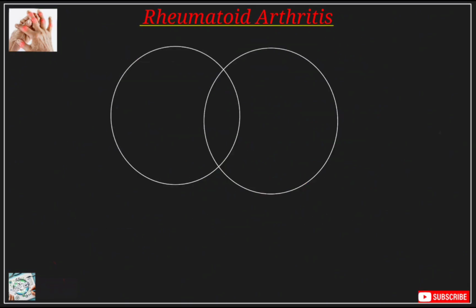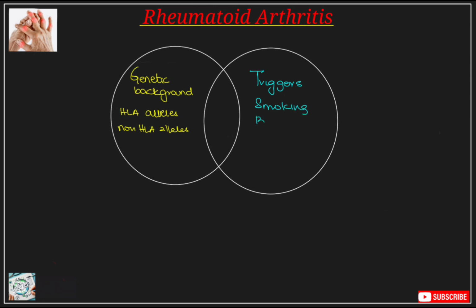Let's summarize what we have learned so far. Rheumatoid arthritis develops due to a combination of genetic predisposition and environmental triggers. On the genetic side, certain HLA-DRB1 alleles, other HLA variants, and non-HLA genes contribute to susceptibility. However, having these genetic factors alone is not enough to initiate the disease. Environmental triggers play a crucial role in disease onset.